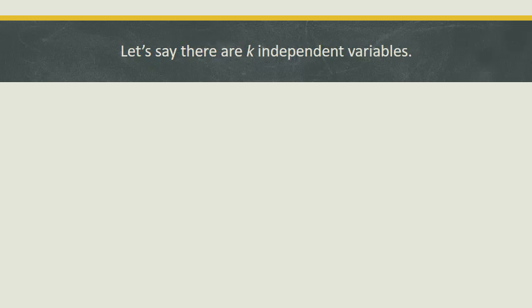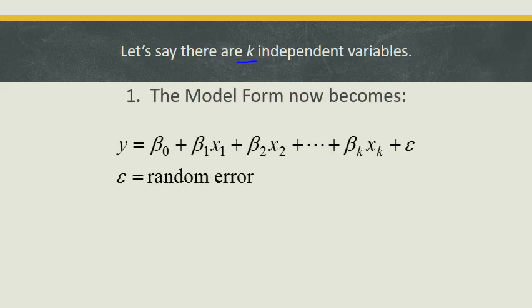Let's get into our regression assumptions. We let k denote the number of different x variables. Our model form assumption changes by adding each variable into the linear equation. There is still an intercept coefficient, and each x variable has its own slope coefficient.